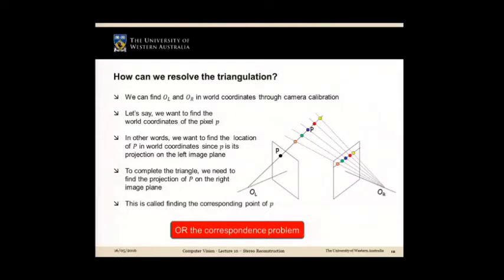Instead of searching the whole image, starting at this point and going all the way to the last pixel, you're restricting your search to this horizontal line, right? There won't be many points there. Let's say if this is a 10 by 10 image, you're just going through 10 points instead of going through 100 points, right?